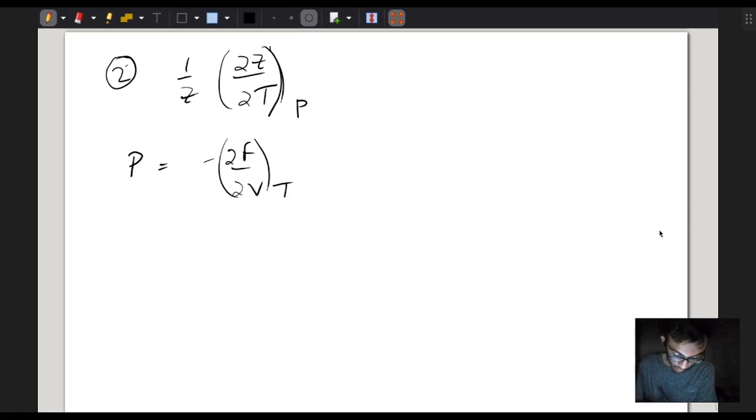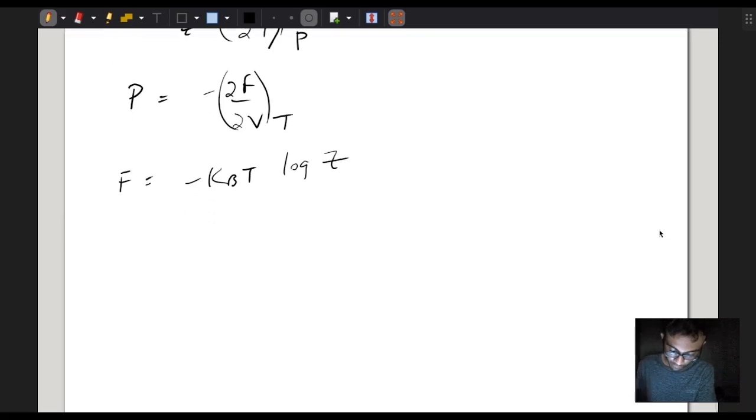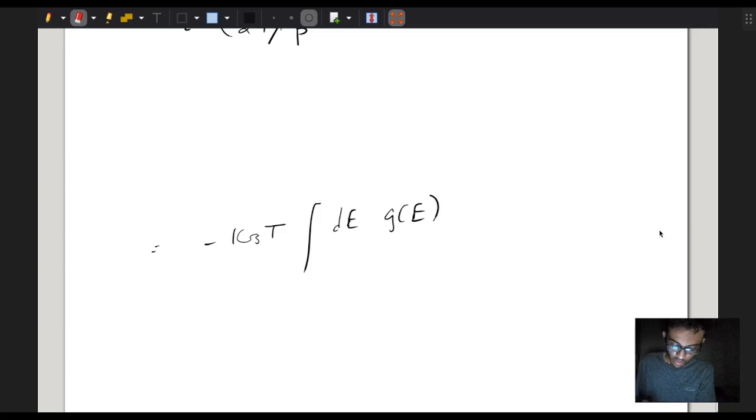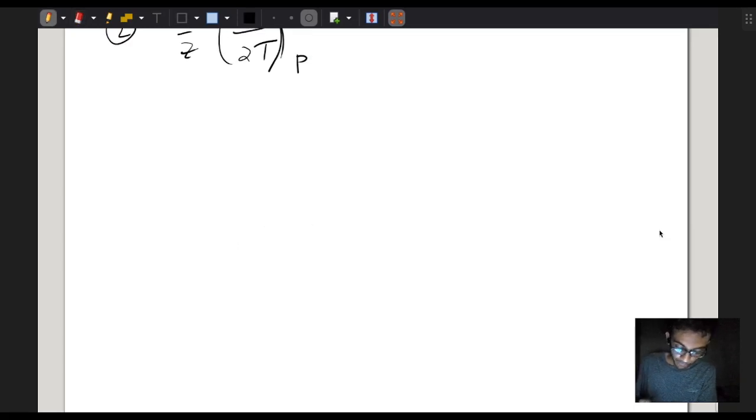So F is minus k_B T log Z. In fact, we need not do all this. It is equivalent, but let's save some time.